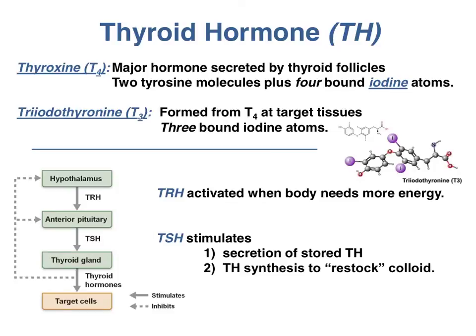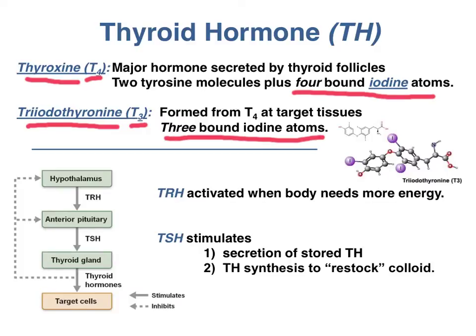There are actually two variants of thyroid hormone. Thyroxine, known as T4 because it contains 4 iodine atoms, and triiodothyronine, known as T3 because it contains only 3 iodine atoms.